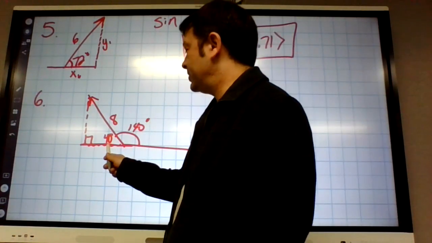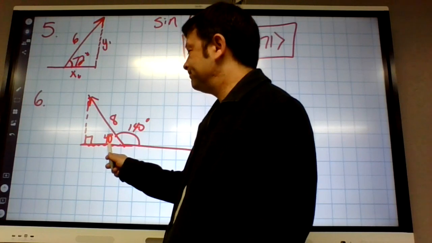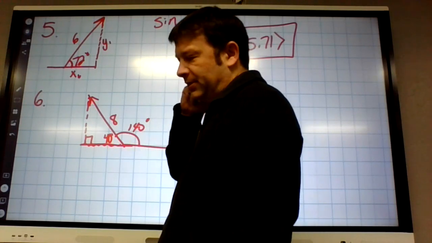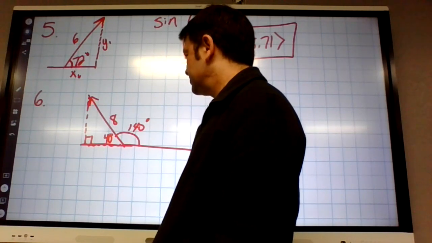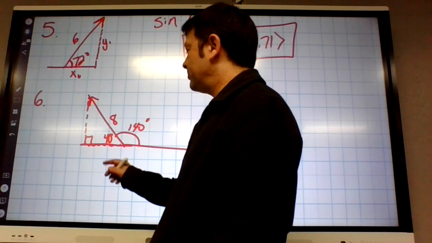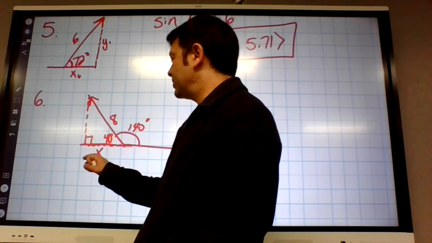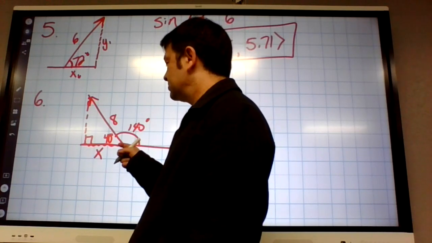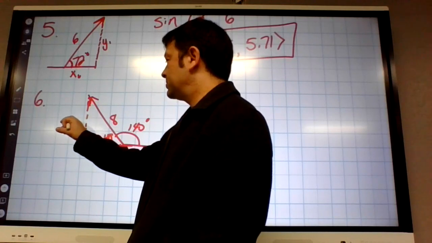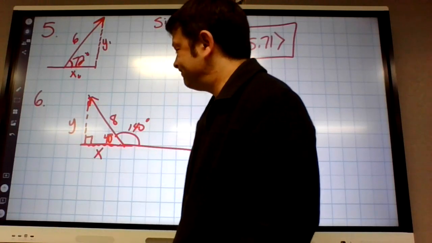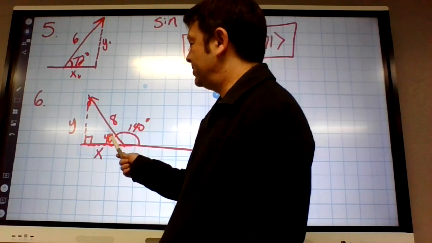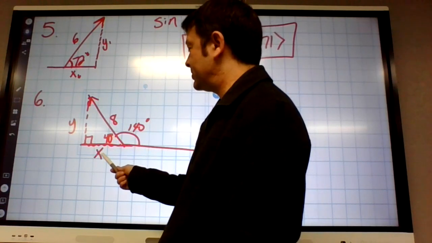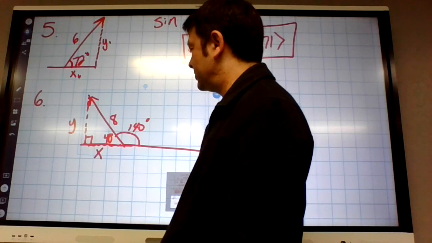So, here's the problem. Should our x value be positive or negative here? Negative. Y value should still be positive. If you plug in cosine of 40, it'll give you a positive, but it should be cosine of 140.